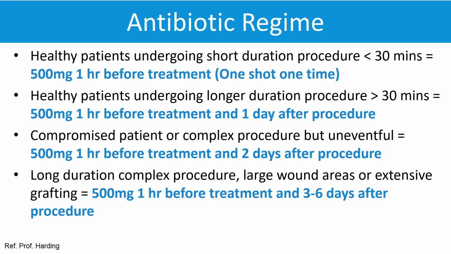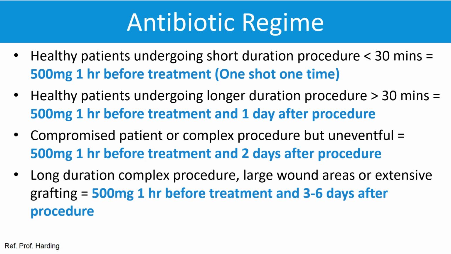So for these patients, I would prescribe the antibiotics for a little bit longer following the treatment because their healing response will be diminished. So although they are quite fit and healthy to undergo the treatment, their healing is delayed, and if their healing is delayed, that leaves the wound open and susceptible to infection from bacteria. So it's covering for delayed healing.